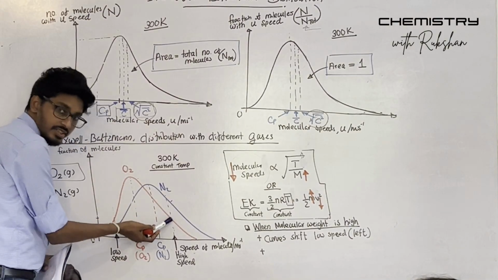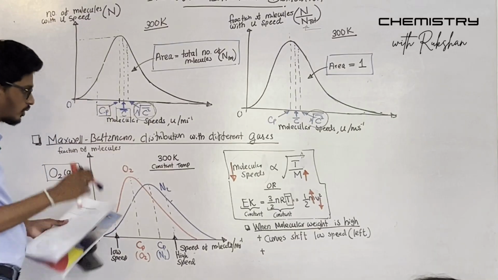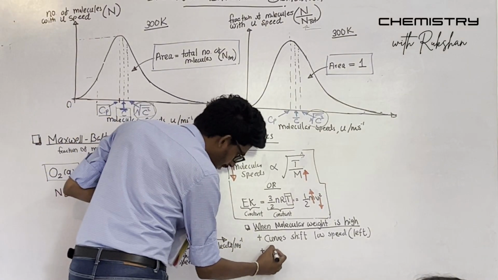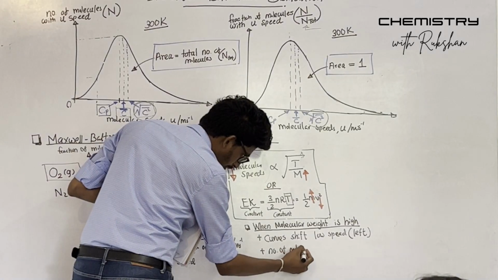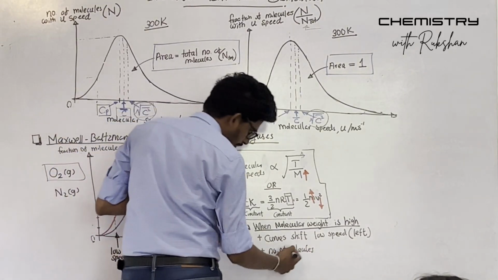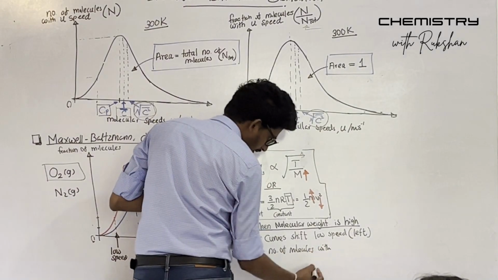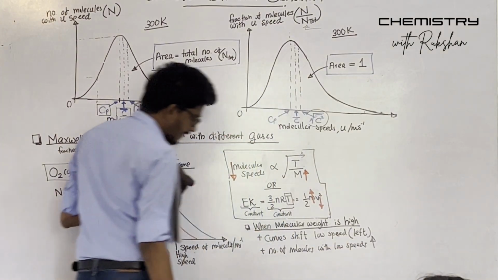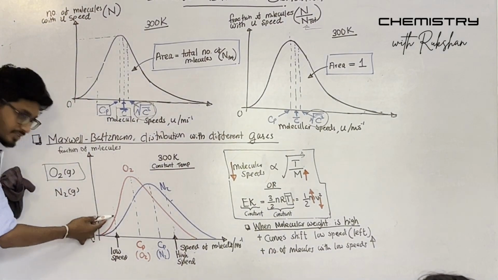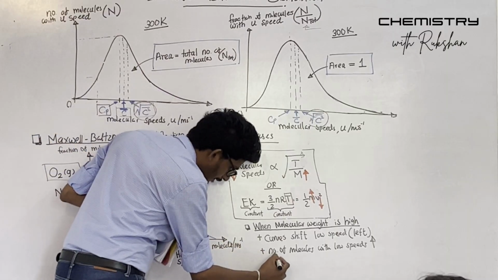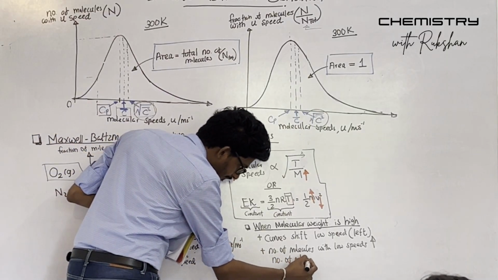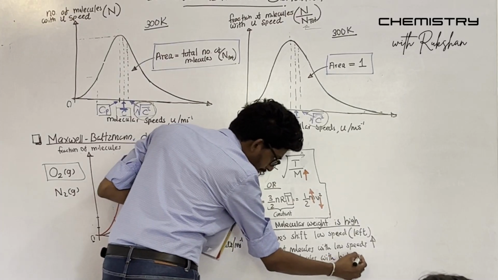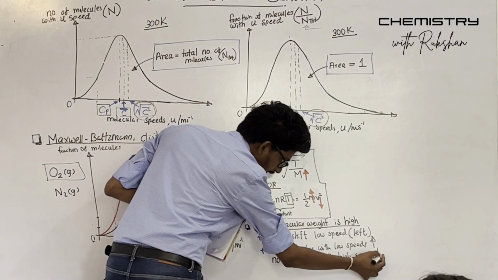But with the O2, that will decrease, right? This amount. Okay? Number of molecules or the fraction of molecules, both are the same, right? So the molecules with low speeds increase, and the number of molecules with high speeds decreases.